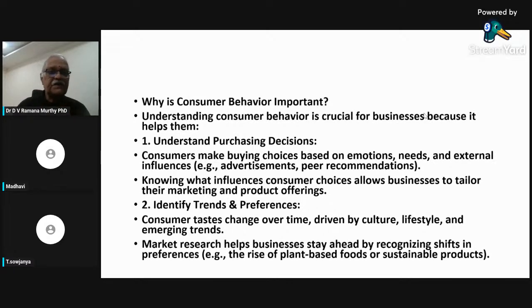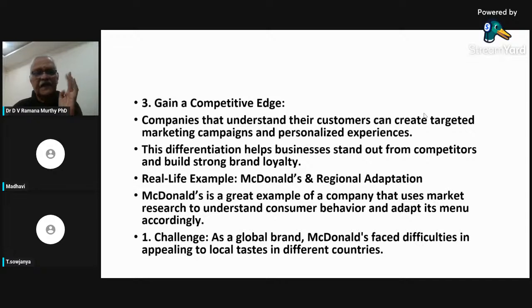We have already talked about why consumer behavior is important. Of course, it can be a repeat thing. Let's brush up quickly, and then we can go to other aspects of the market research process. So, why is consumer behavior important? One is to understand purchase decisions, identify trends and preferences, and gain competitive advantage. We have mentioned numerous examples earlier also.